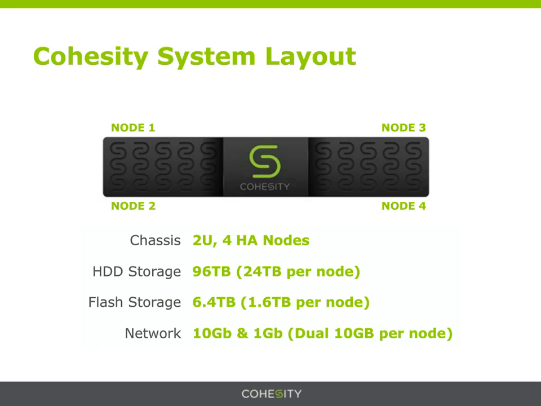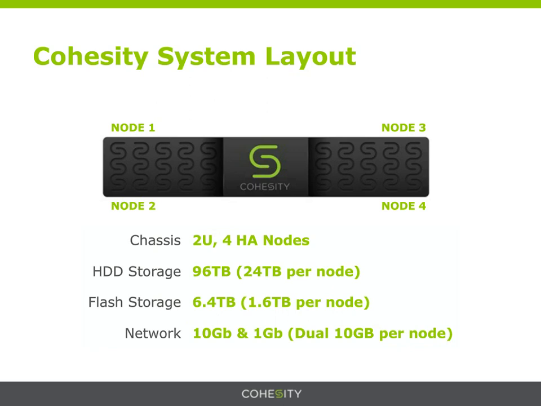Put all that together in a 4-node block, and you get 96 terabytes raw, 6.4 terabytes raw of flash, and a lot of networking horsepower coming out of the back of one of these blocks. But that's not really that special, to be honest.